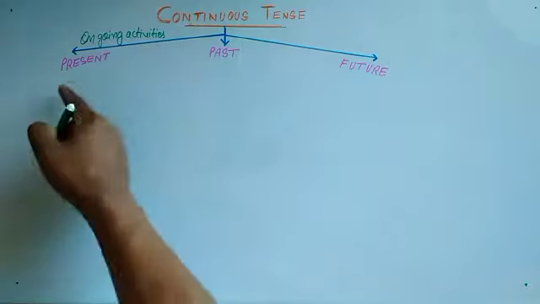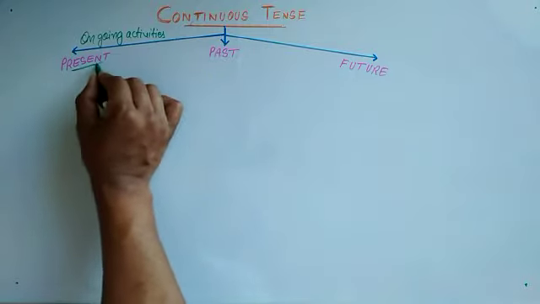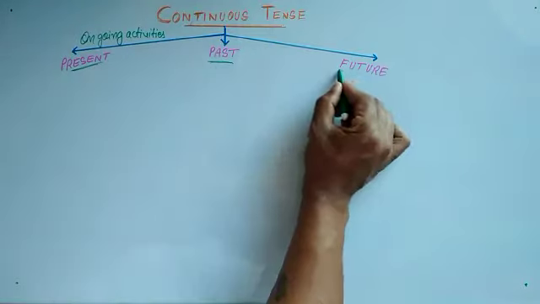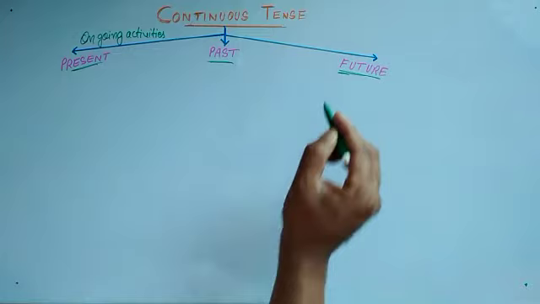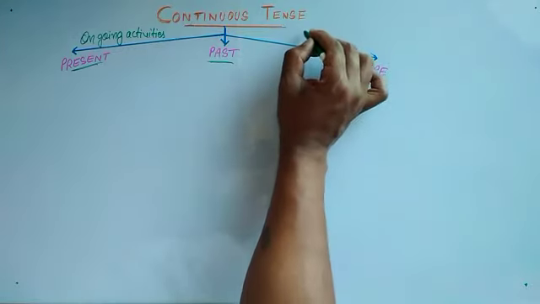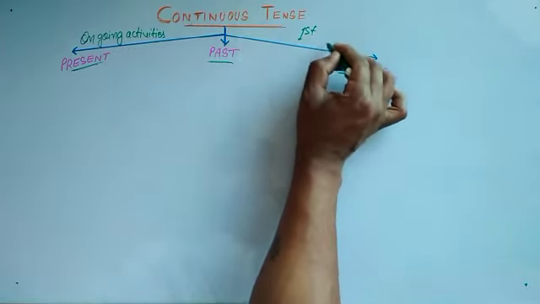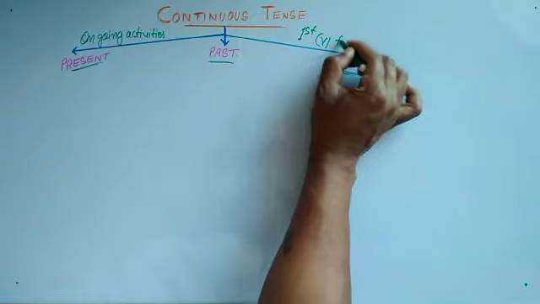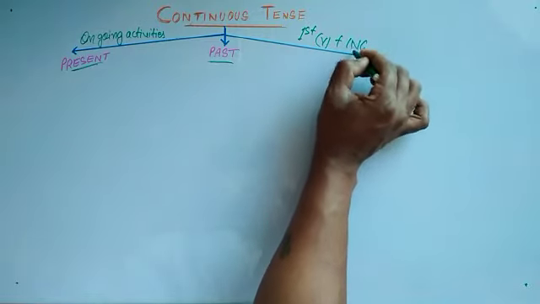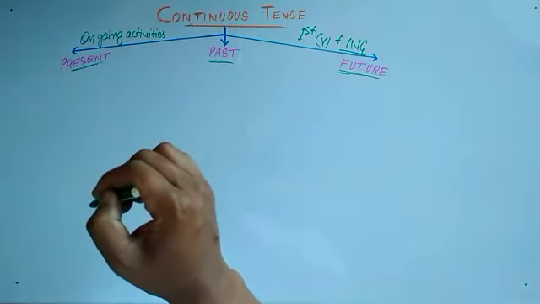Students, one more important thing before we start this chart. One common thing for all three tenses, present, past and future, is that in continuous tense we always use the first form of verb with ing.